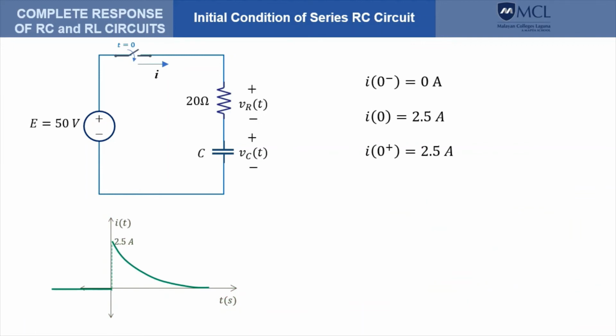For the current, if we get the initial conditions at t just before t equals 0, our current is 0. At exactly t equals 0, it will jump to 2.5, and just after t equals 0, it is still 2.5 amperes.